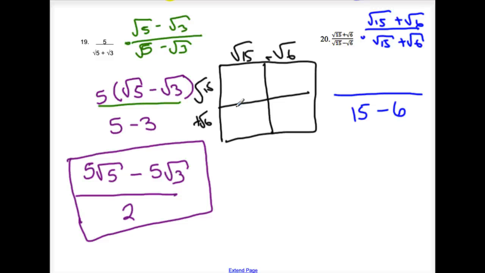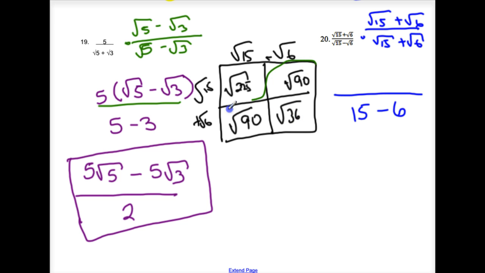So the first one that I want to do is what is square root of 15 times square root of 15? We know that all I'm going to do is multiply these numbers, which is 225. Then I want to do what's 15 times 6, which is 90. This is also 90, and then this is square root of 36.